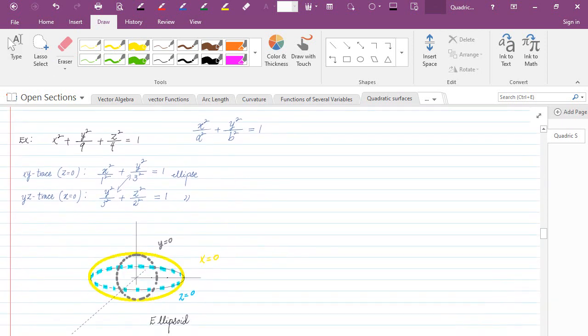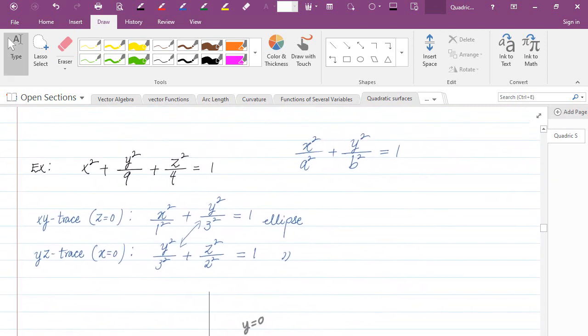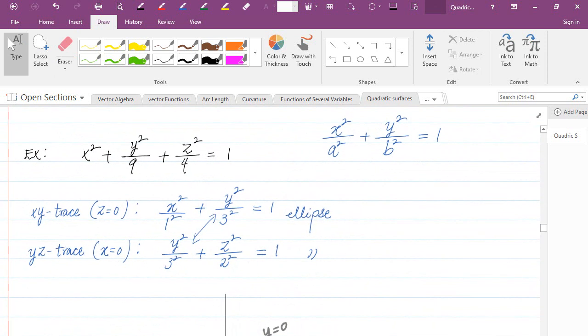So let's say I want to know the graph of this equation right here. This is x squared plus y squared divided by 9 plus z squared divided by 4 is equal to 1. Now to draw this, to see what this surface is, we're going to draw traces. The first trace I want to get is the trace in the xy plane, meaning the trace of the surface in the xy plane.